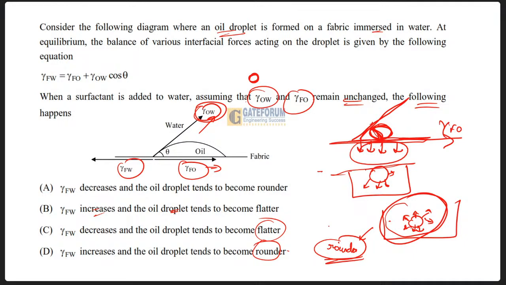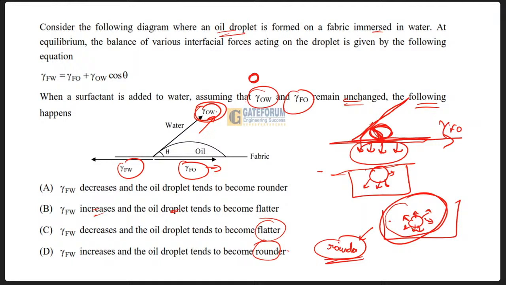So the oil droplet is rounder in shape, and the surface tension decreases. At which surface? The fabric water interface. Because when it absorbs, the surface tension at the fabric water interface decreases, because the role of the surfactant is only to decrease the surface tension.